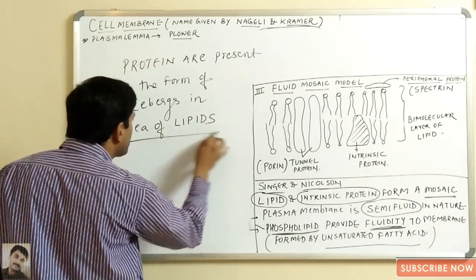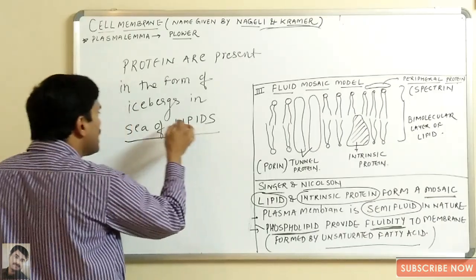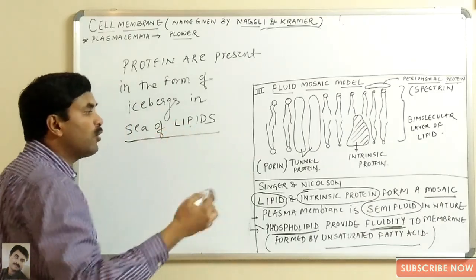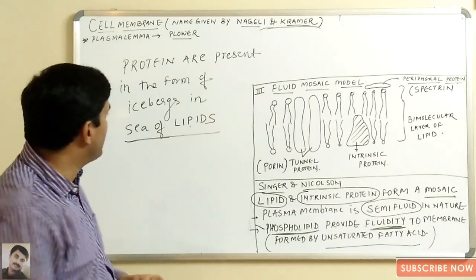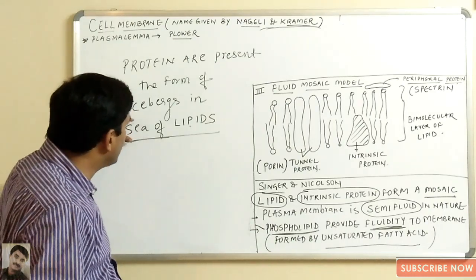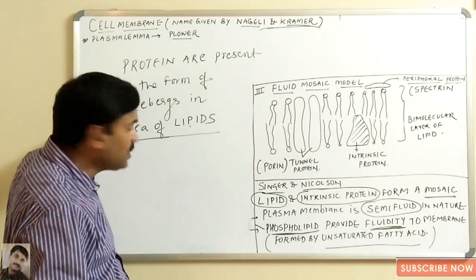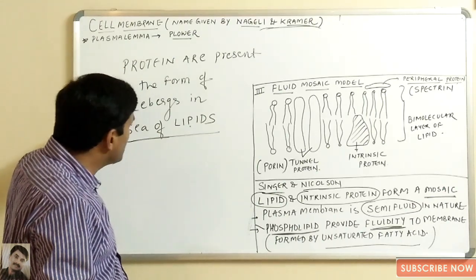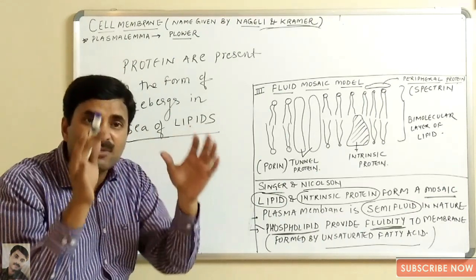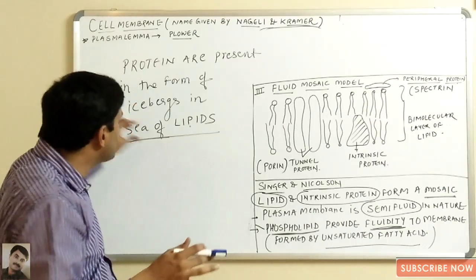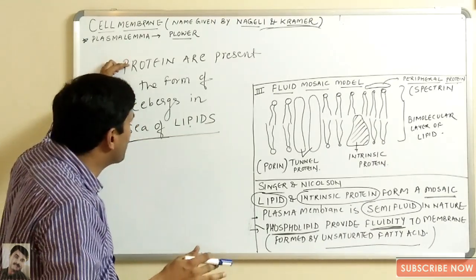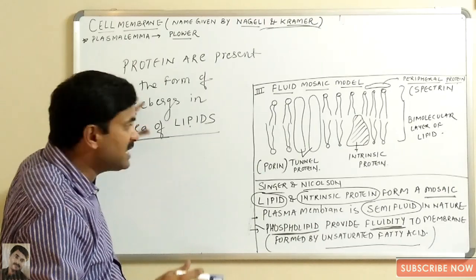Why have we used the words sea of lipids? Because lipids provide the fluidity, or the liquidity, to the cell membrane, and in the sea of lipids, the proteins are present in the form of icebergs. So, protein icebergs in a sea of lipids. The arrangement is just like that.